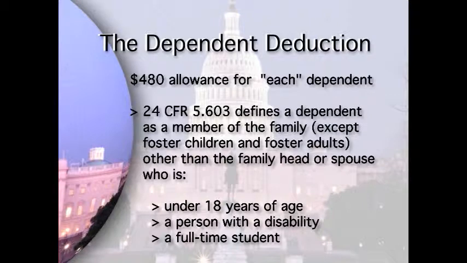The Code of Federal Regulations defines a dependent as a member of the family except for foster children and foster adults, other than the family head of household or spouse, who is under 18 years of age, a person with a disability, or a full-time student. As housing authorities, we do not use the IRS definition of a dependent. HUD's definition must be used.